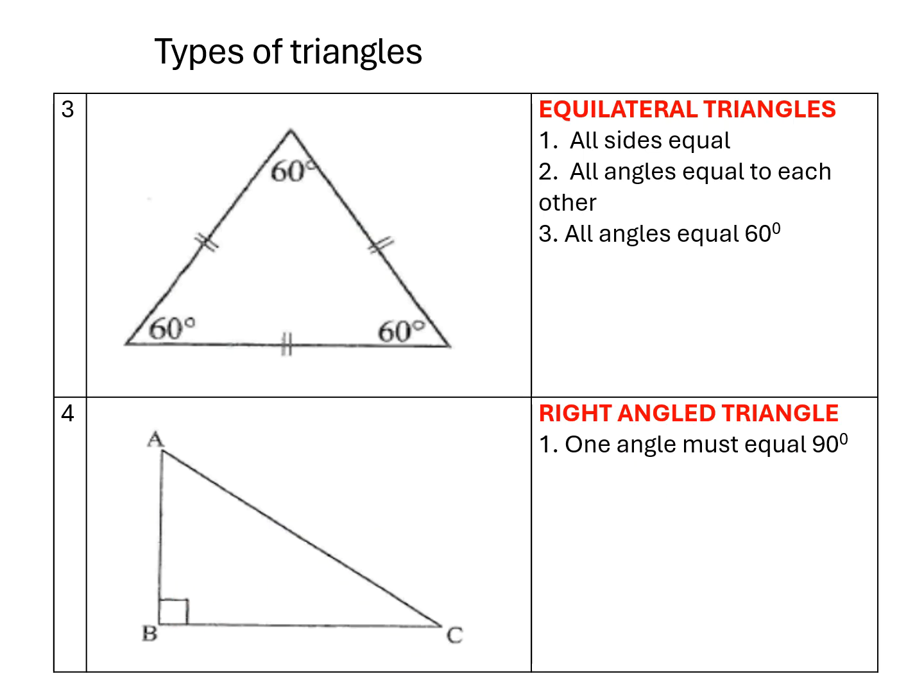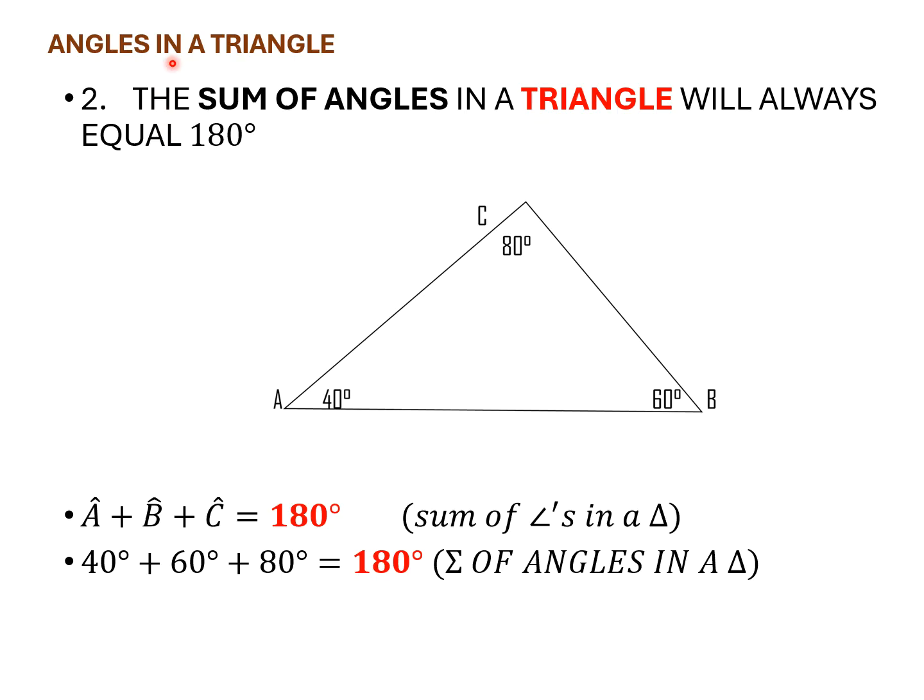Right? Now, angles in a triangle, number 1, we need to know the sum of angles in a triangle will always equal 180. So the three angles in a triangle must always add up to 180. So we have triangle ABC there, that's 40, that's 80, that's 60. So angle A plus angle B plus angle C must be 180 degrees.